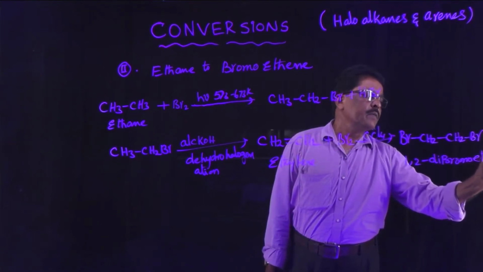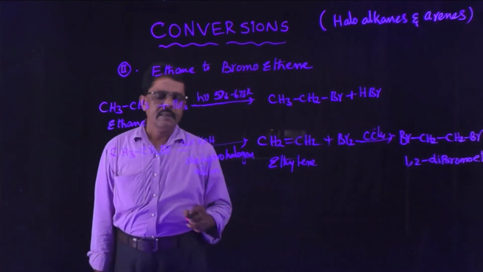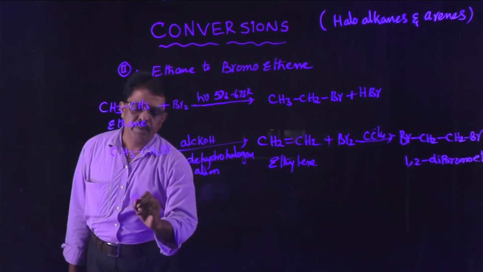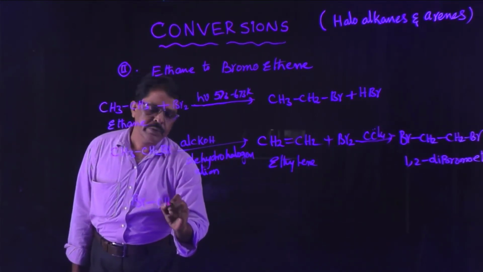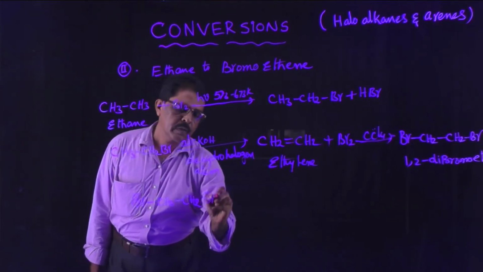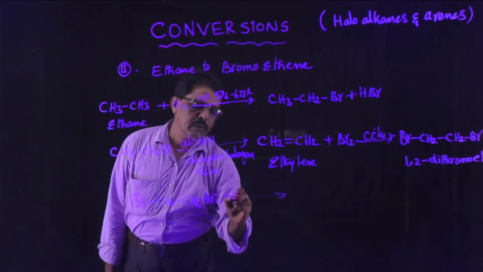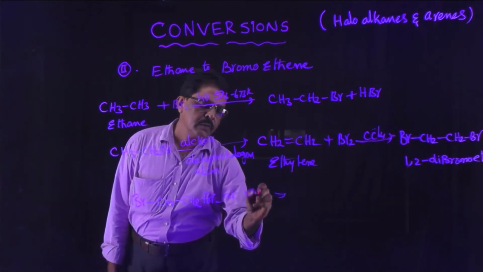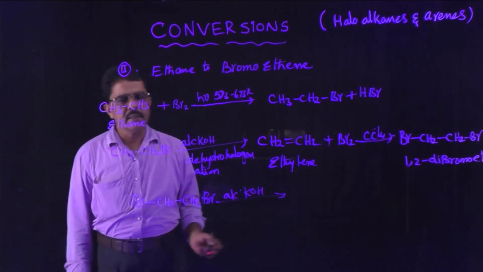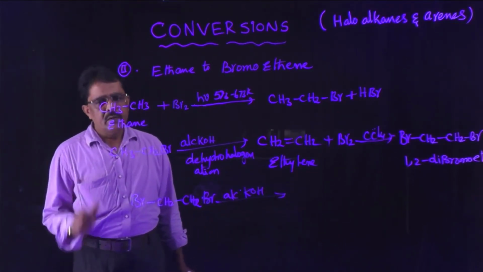This dibromoethane is heated again with alcoholic KOH, the reagent used for dehydrohalogenation.